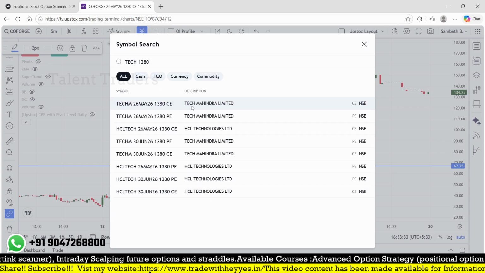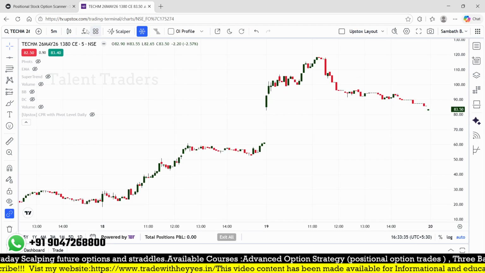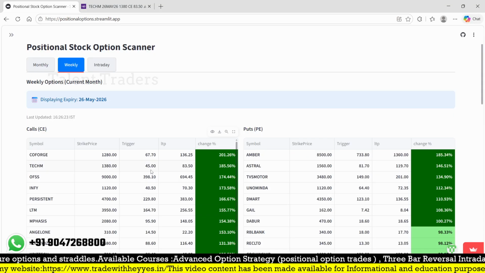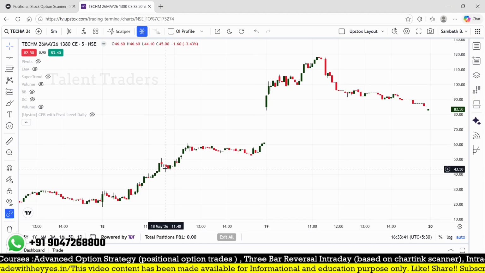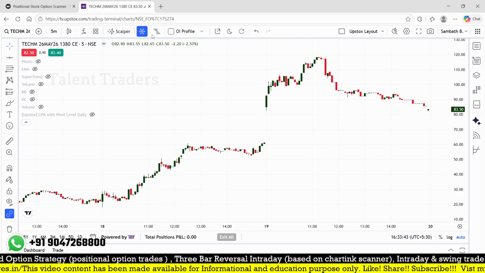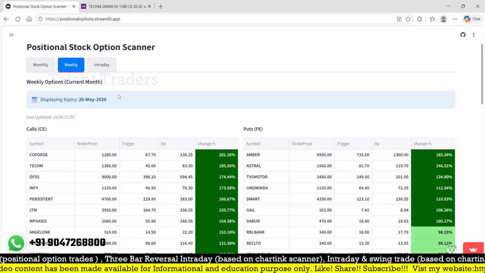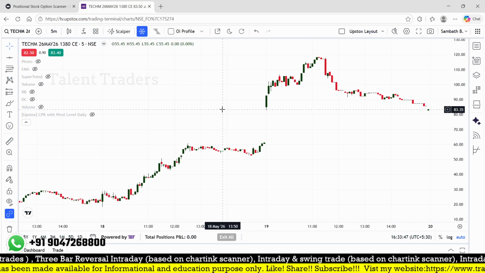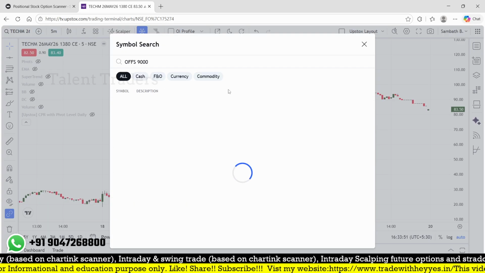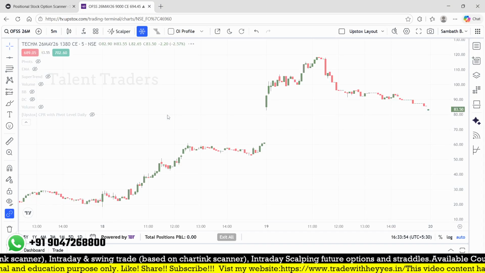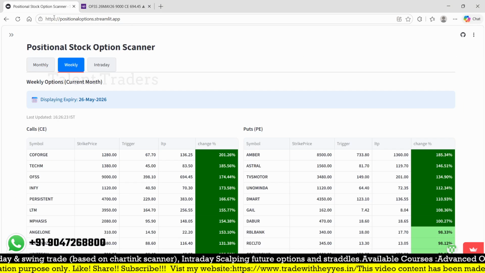How do you avoid a false breakout? 45 is our breakout point. I think yesterday it triggered, and today it went to 117. That is also a valid trade. OI is 9,000, so liquidity we also need to check. Some of the stocks are normally not liquid, and if it is not liquid, we should not consider that one.